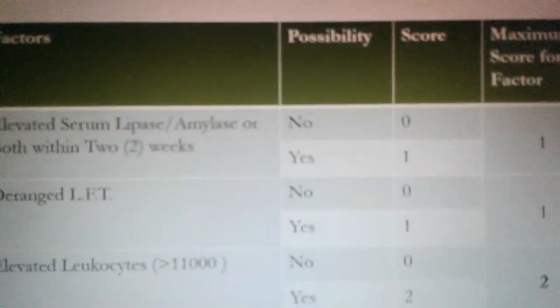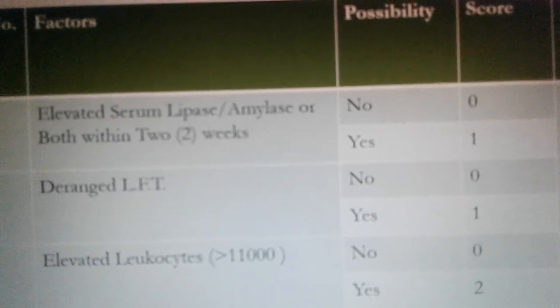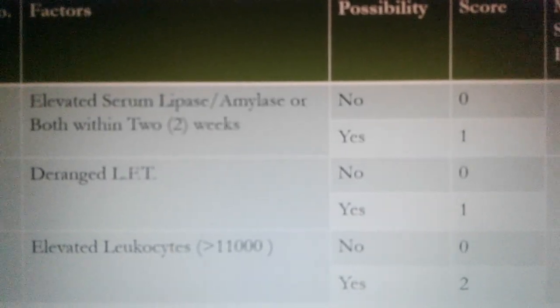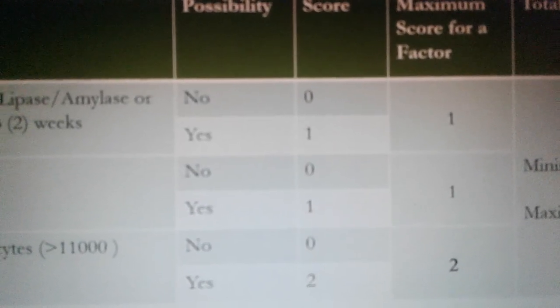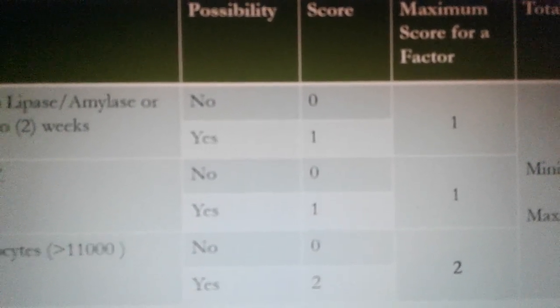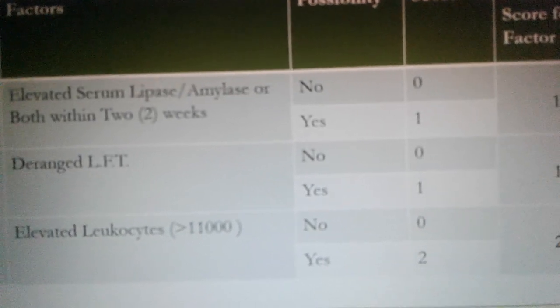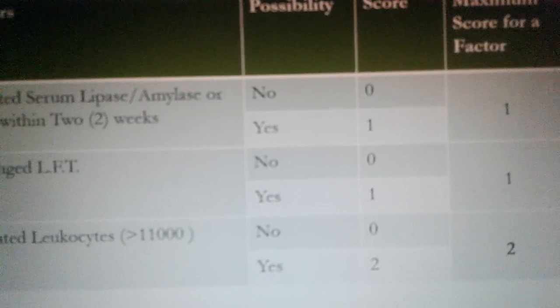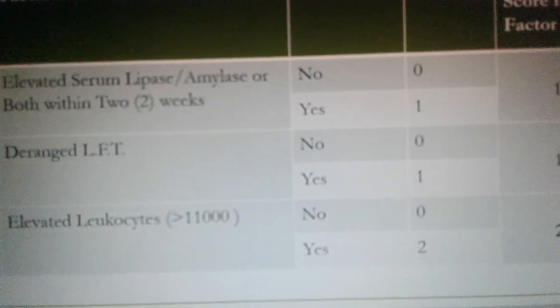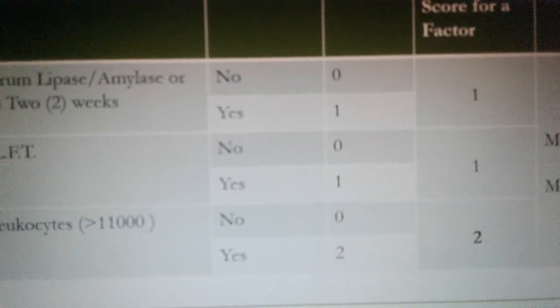Then let's go to the score allotted. If elevated serum lipase or amylase or both within 2 weeks, no, 0, yes, 1. Deranged LFT, no, 0, yes, 1. Elevated leukocytes, no, 0.